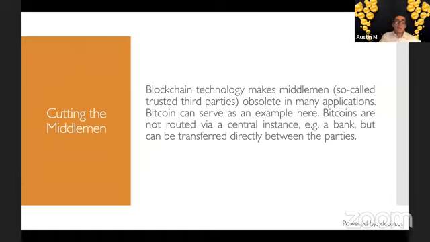So, cutting the middleman. Blockchain technology makes middlemen, or so-called trusted third parties, obsolete in many applications. Bitcoin, for example, will serve as the example where transactions are not routed through a central instance like a bank, and can only be transferred directly between the parties. So whenever you buy Bitcoin from somebody else, it will not be going through somebody to verify it.